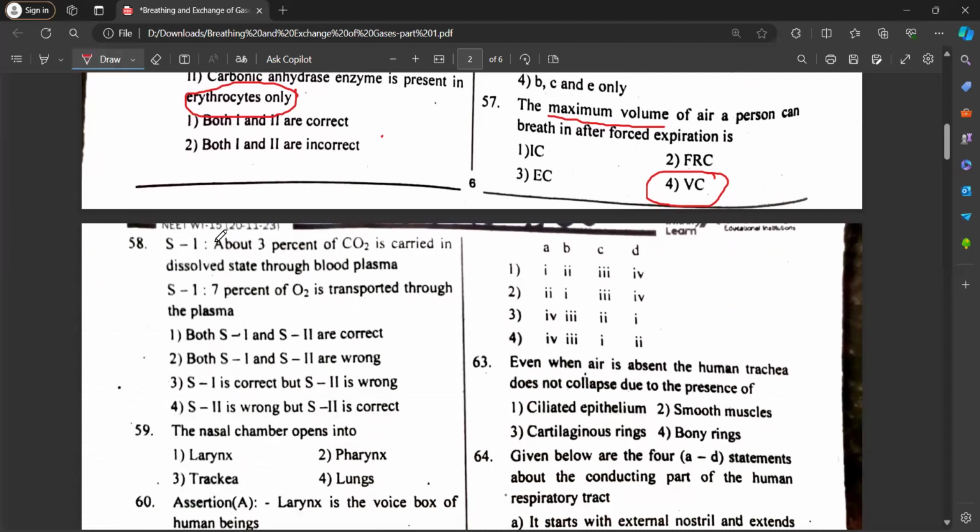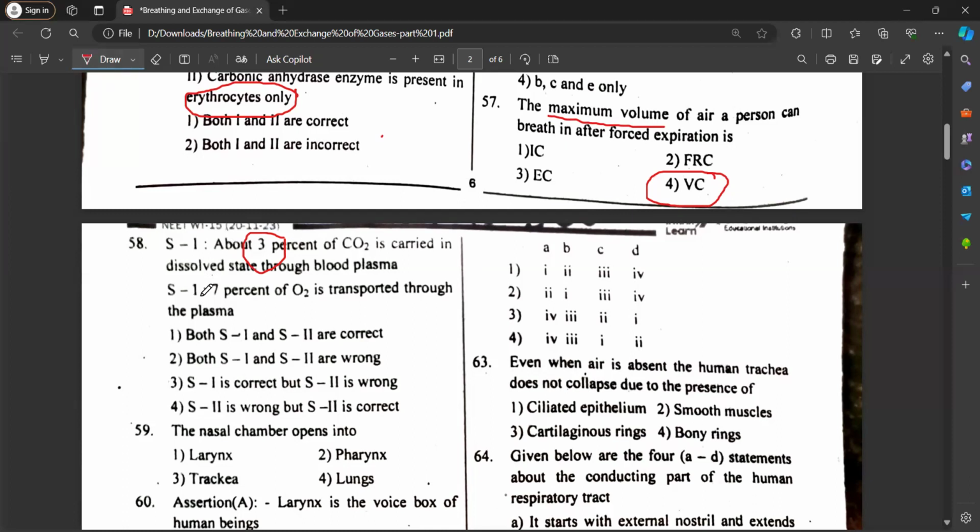Next, about 3% of carbon dioxide is carried in dissolved state through blood plasma. Statement number one. So, not about 3%, about 7%, right? About 7% of carbon dioxide is carried in dissolved state through plasma.